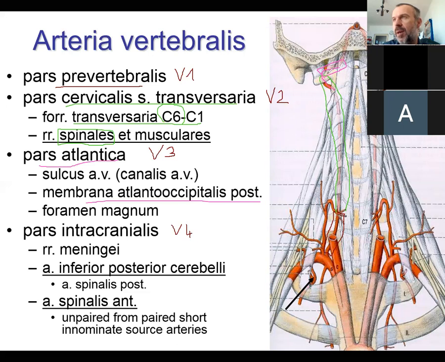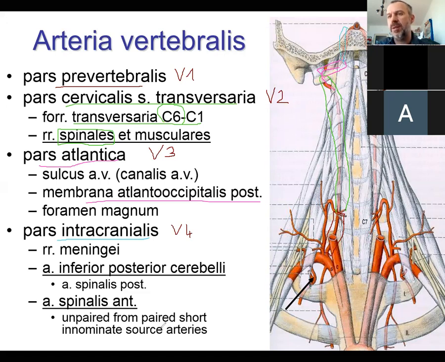Yeah. So here it's important. It's lying on the posterior arch, and then it gets inside the skull.